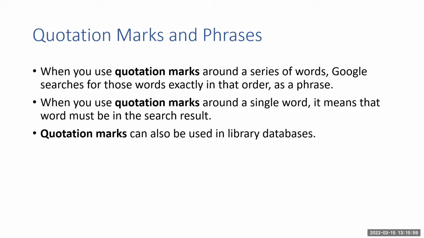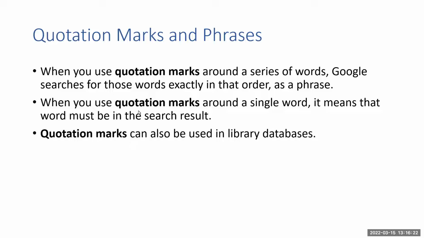So with quotation marks, this is a really powerful way to make any database search for your words in exactly the order you have given it. It forces it to search for this word in front of that word exactly that way when you have quotation marks around it.